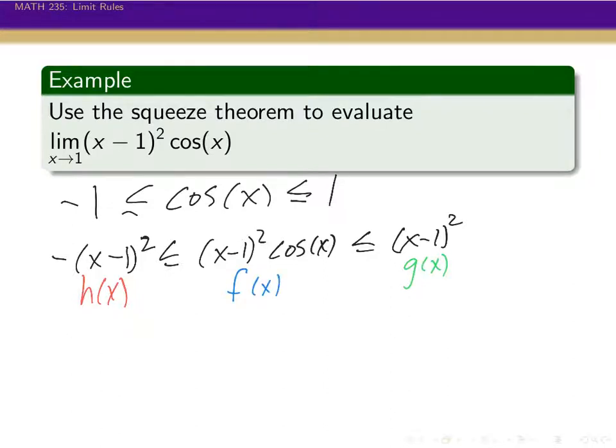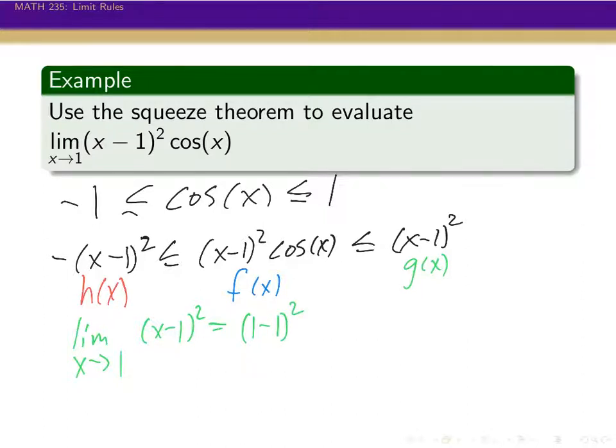Now, g of x and h of x are both polynomials. We talked about doing limits of polynomials in the last video. All we need to do is plug in the value. So the limit as x goes to 1 of (x minus 1) squared is, we just need to plug 1 in for x there.